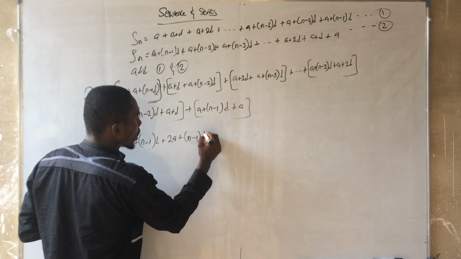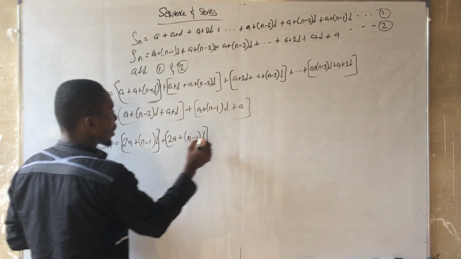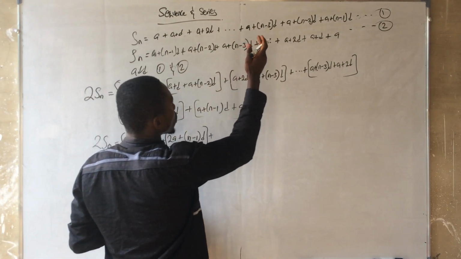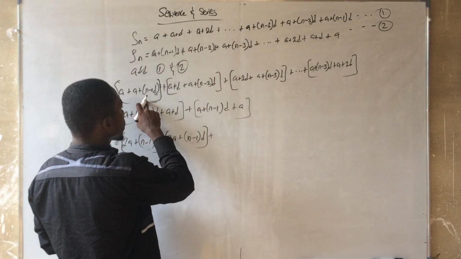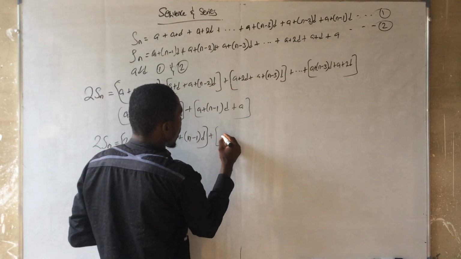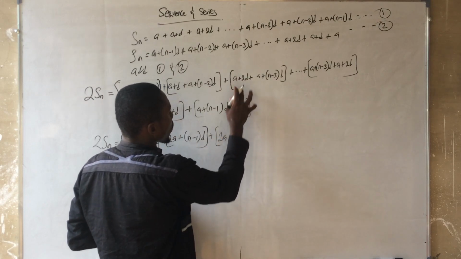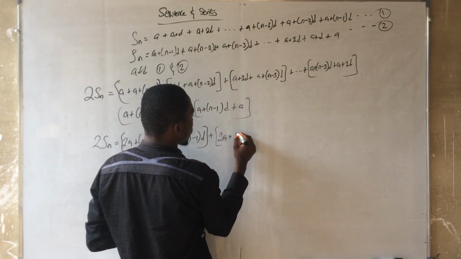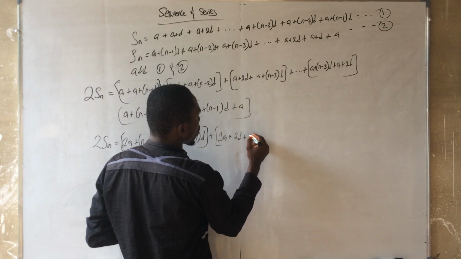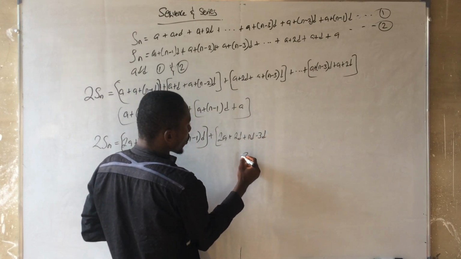N minus 1 d. I will now put it in a bracket. I will now say plus again. I'll go back to this. I've done this. I'll go back to this. I will now say again, this is 2a plus, this is 2d plus nd minus 3d, and we have minus 3d.